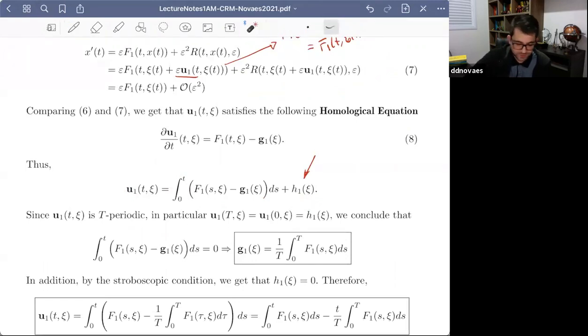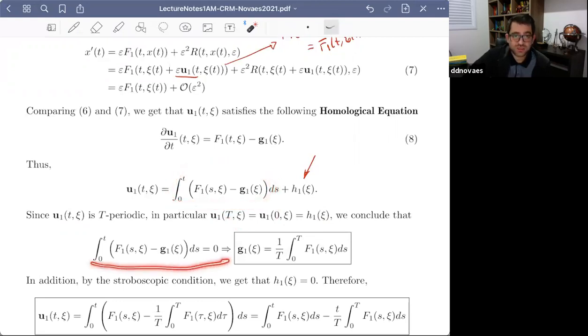Since the transformation is t-periodic, in particular we have u1(t) equal u1(0) equal h1(c), so we conclude that the integral of this difference has to be 0. Just substitute here and see that it has to be 0.